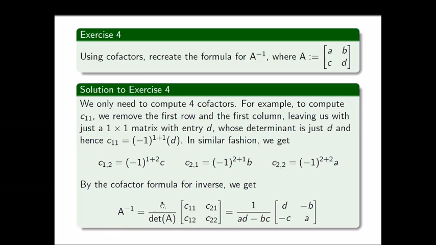So we get 1 over the determinant of A times the matrix given by cofactors, and because the determinant of A is just AD minus BC, we get the formula that we all know and love.